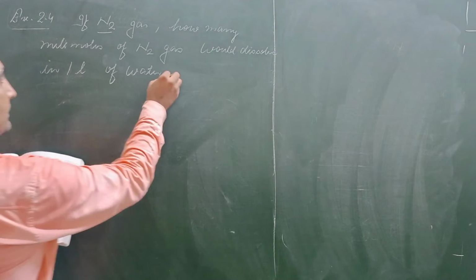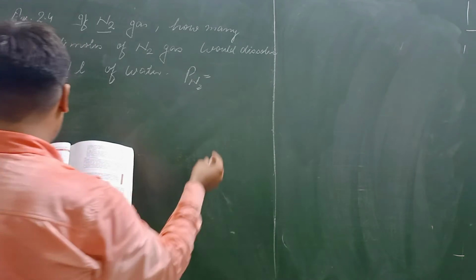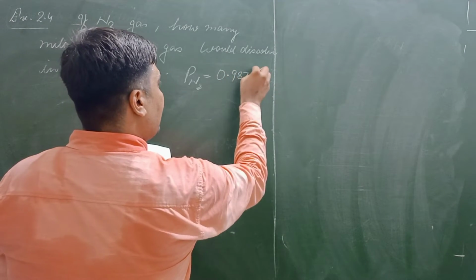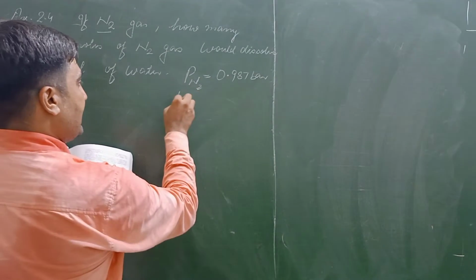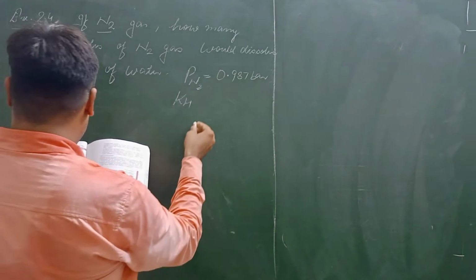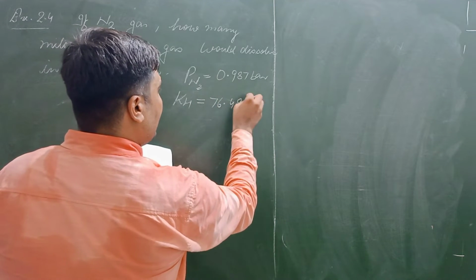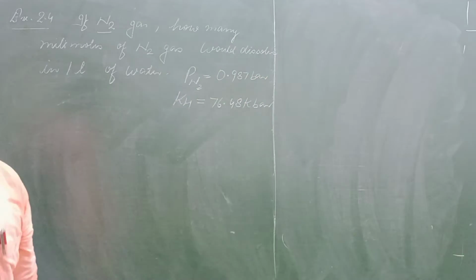Assume nitrogen has partial pressure of, here it is given, 0.987 bar, and Henry's law constant Kh equals 76.48 kilobar. So these are different conditions given.